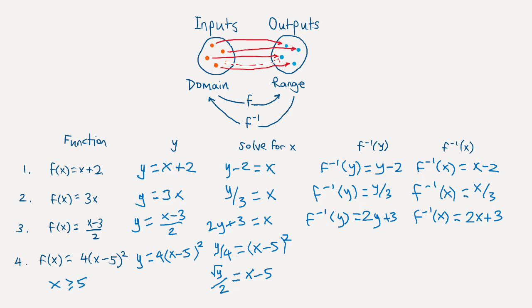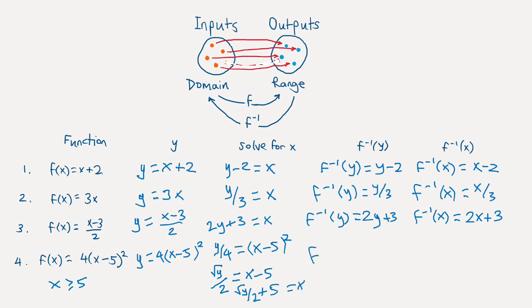And then the final step, running out of room here, maybe I'll just do it down here. Square root of y over 2 equals x minus 5, so square root of y divided by 2, and then add 5 equals x.